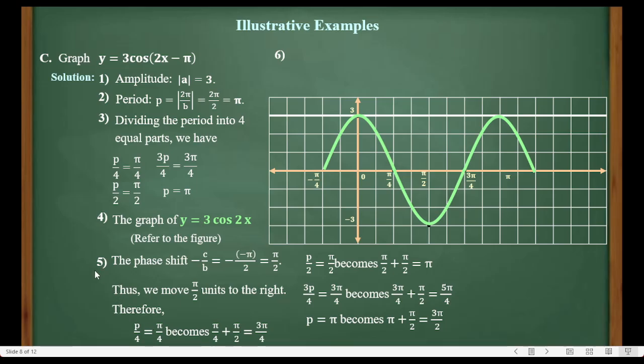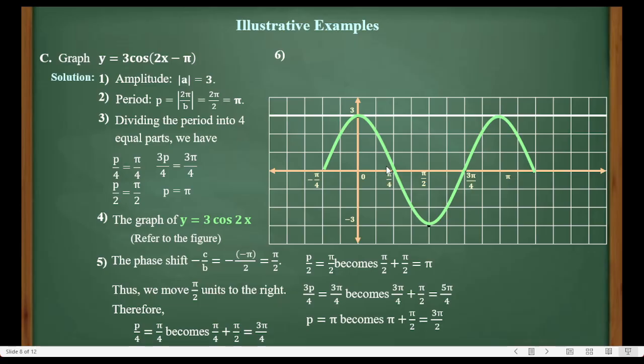So we now go to step number 6, and that is determining the graph of the given function y equals 3 cosine of the quantity 2x minus pi by simply moving this yellow-green graph.